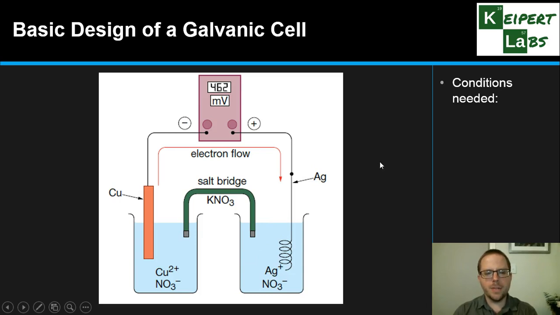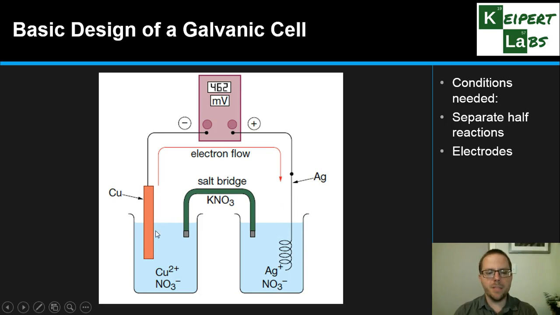There are some particular things that we need to do to make this work. We've got two separate half reactions occurring in separate locations. We have two distinctly different beakers here where we get these half reactions occurring. We need to have electrodes that allow connection to the electrical circuit.